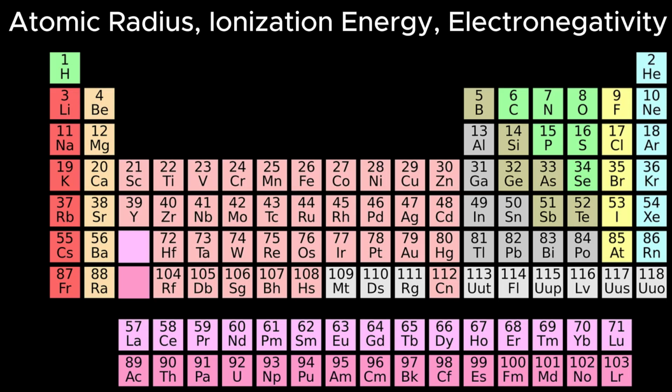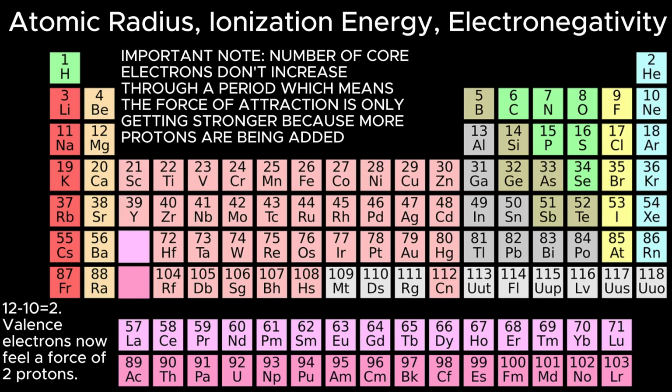what do you think will be the Zeff of magnesium? Well, magnesium's atomic number is 12, and it also has 10 core electrons. You see here, across a period, the amount of valence electrons increases, but the amount of core electrons stays the same.